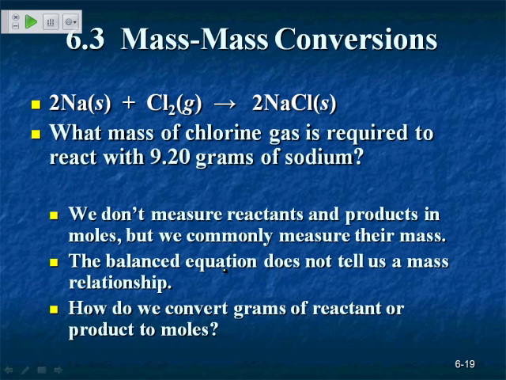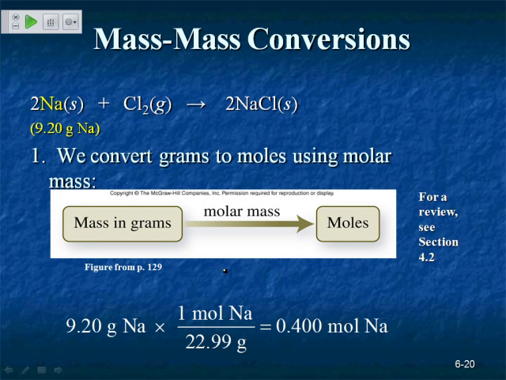Shall we start? Here is what we are given. This is the balanced equation. We are given 9.20 grams of sodium. Now, here is something I'm going to tell you in every class from now onwards. In stoichiometry, whenever you see an amount in grams, before even thinking what am I doing in this problem, convert that to moles.